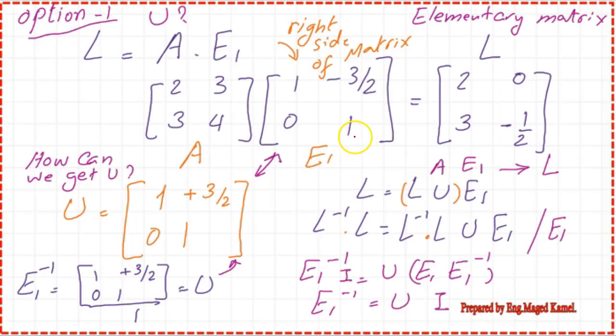We get the inverse by swapping the 1s here, and it changes the sign. It will become 3 over 2 plus, and this term is 0, and we divide by the determinant, which is 1 minus 0. So this is the U value that we have already derived. We have diagonal equal to 1, and this term was plus 3 over 2. This is the first option.